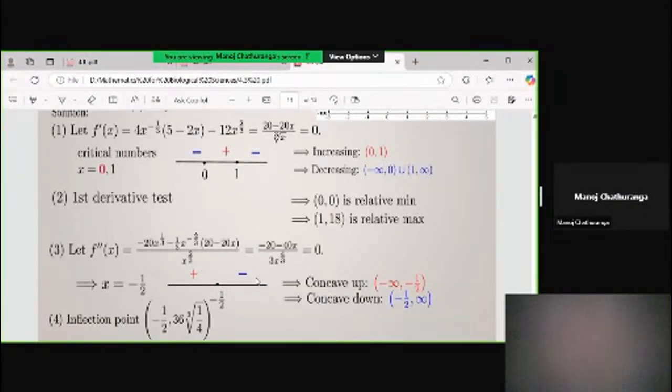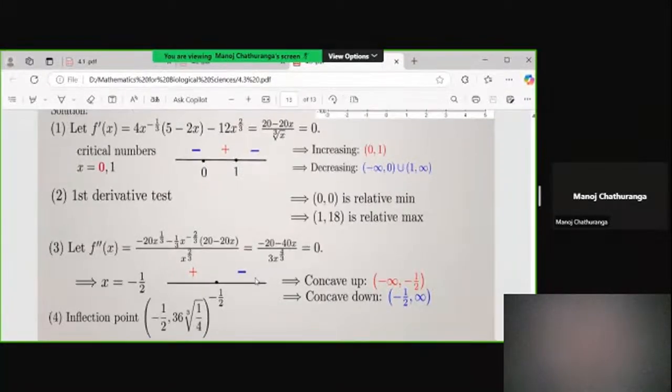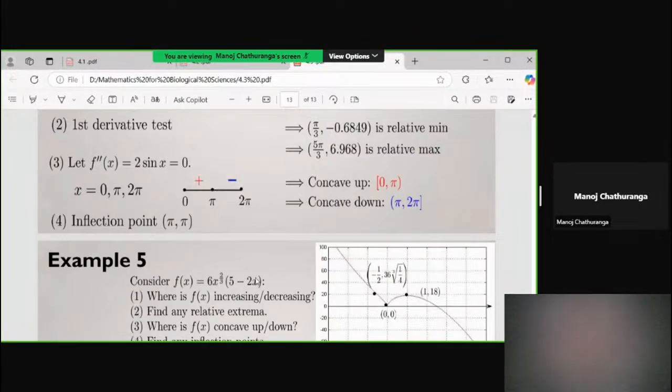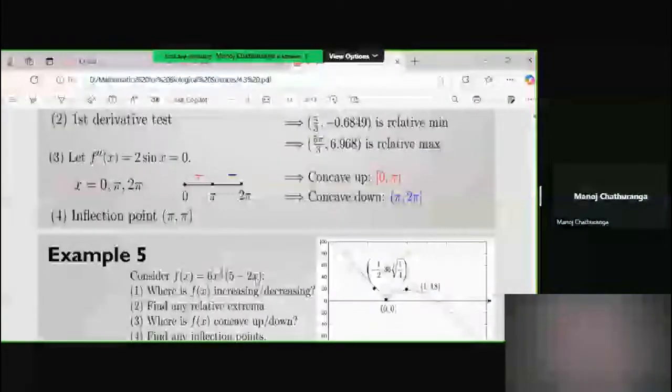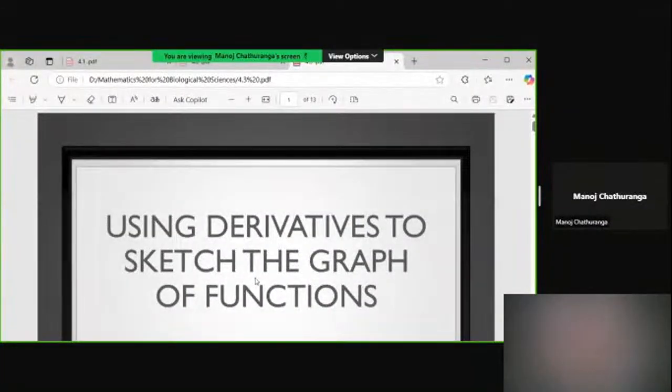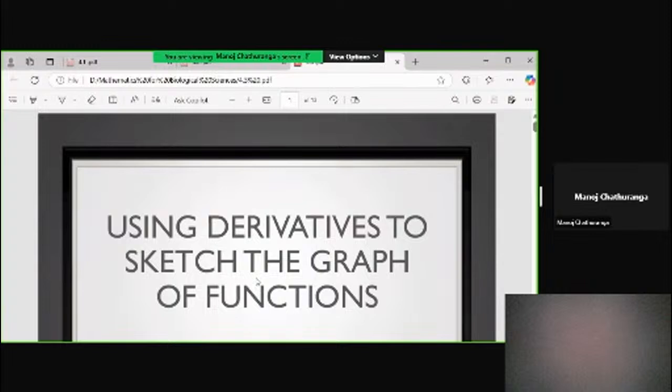After 1/2, the second derivative is negative. This is how you recognize the behavior of functions using derivatives and second derivatives, and by putting this information together, we can sketch graphs of functions.